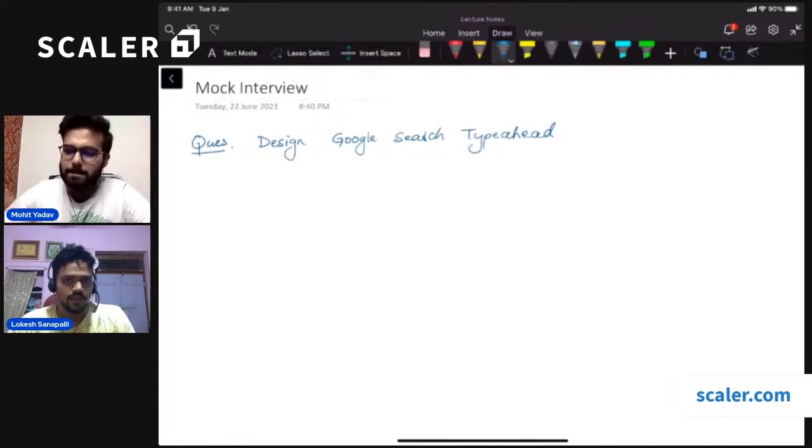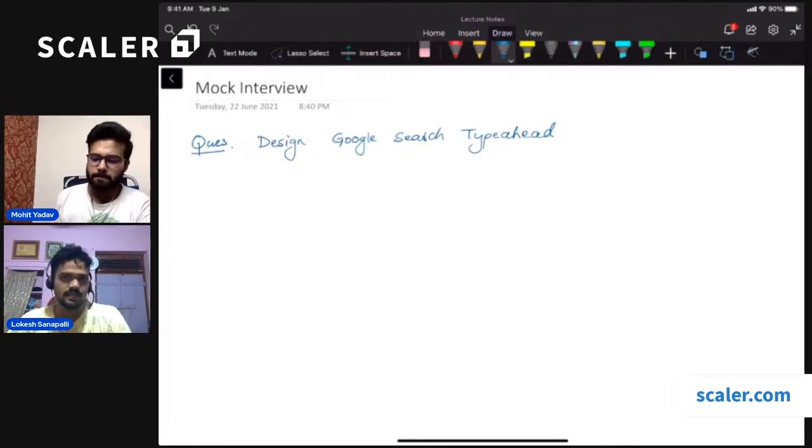Okay, so if I look at the requirement, when users type something on the UI, they need to get a list of suggestions in the drop down. That's the basic requirement. Coming to the suggestions, the first thing is that they should be sorted by popularity in decreasing order, so the most searched or most popular should be at the top.